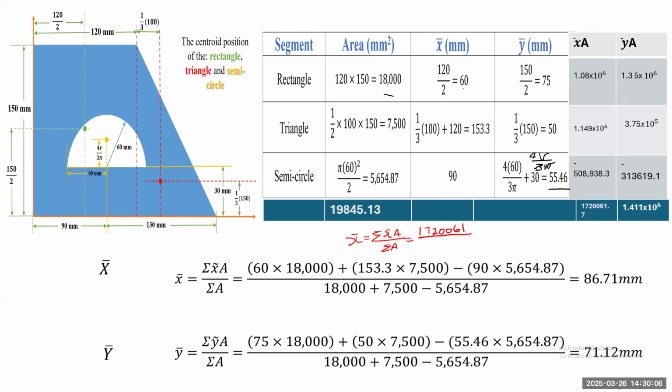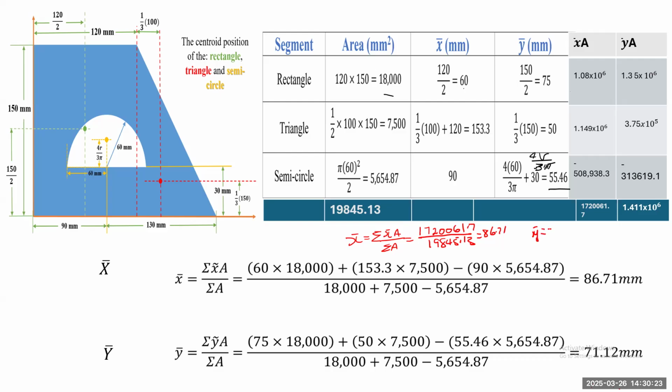So you don't have to do all of that long thing on the bottom there. 1.7 divided by 19845.13. And that would give you 86.71. And you do the same thing for y bar.